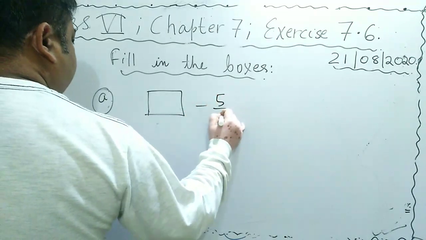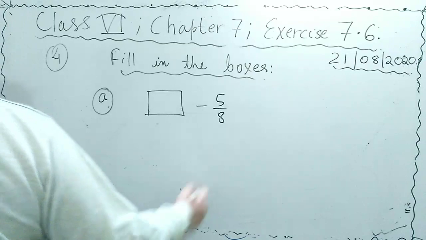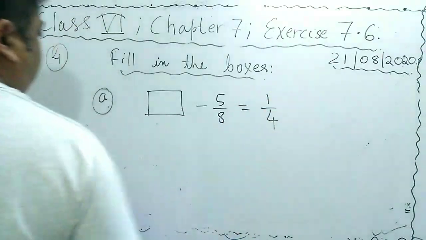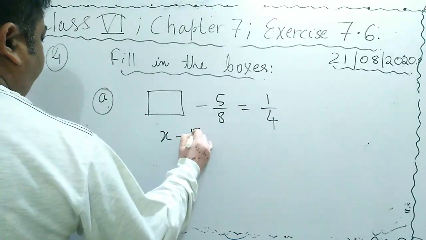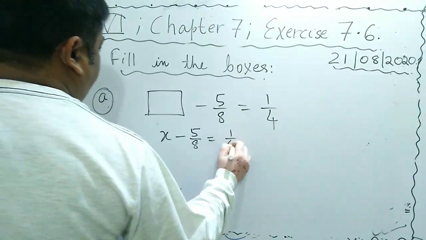Box minus 5 by 8 is equal to 1 by 4. Let this be equal to x. x minus 5 by 8 will be equal to 1 by 4.